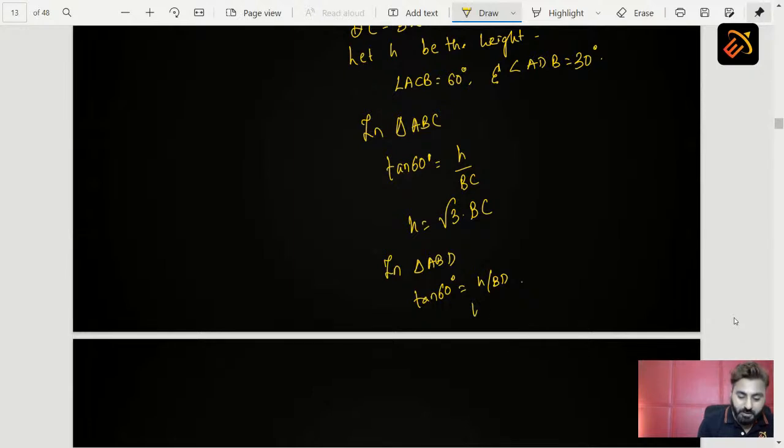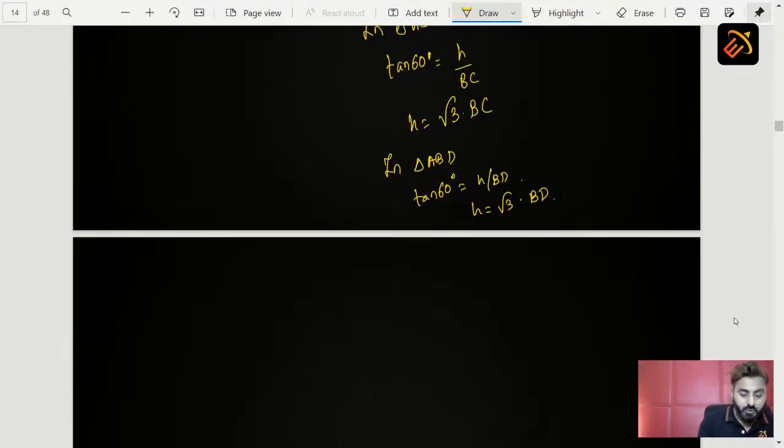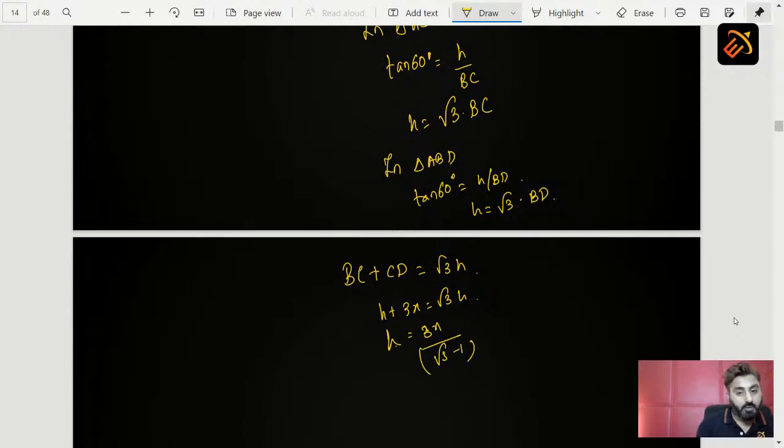So h is equal to root 3 BD. So from this, what will BC plus CD give? From this BC plus CD gives root 3 times h. So h plus 3x is equal to root 3 times h. And when we solve this, what do we get for h? h is equal to 3x upon root 3 minus 1.